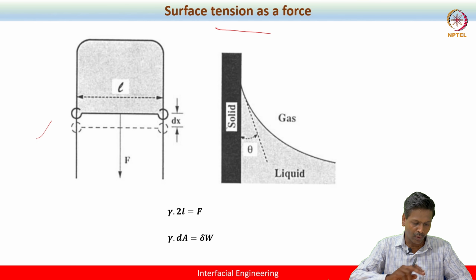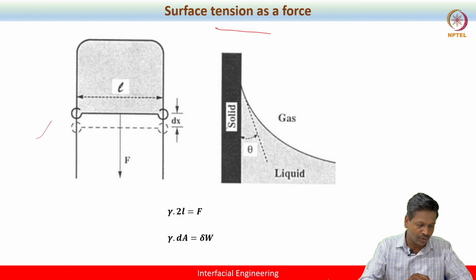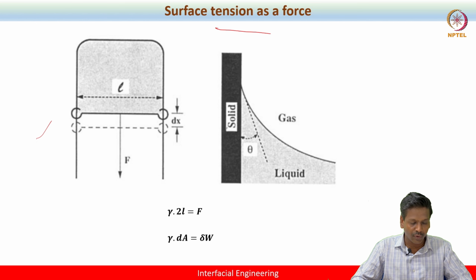It is just kept inverted, although in reality it is not, just to show the action of surface tension so that it is very easy to capture. That's why this schematic is shown. So you assume that this container is filled with water and it is kept upside down.